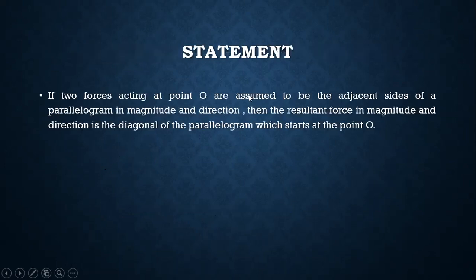What is the statement? If two forces acting at a point O are assumed to be the adjacent sides of the parallelogram in magnitude and direction, then the resultant force, both in magnitude and direction, is the diagonal of the parallelogram starting at point O.